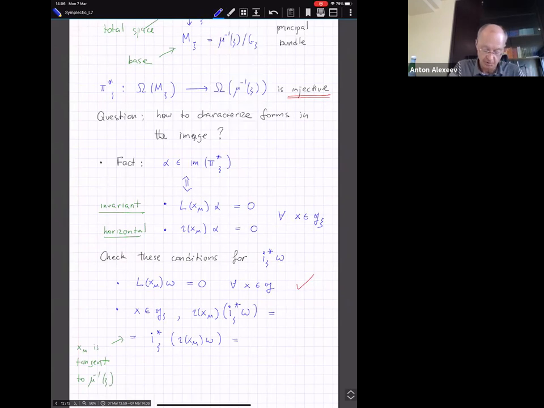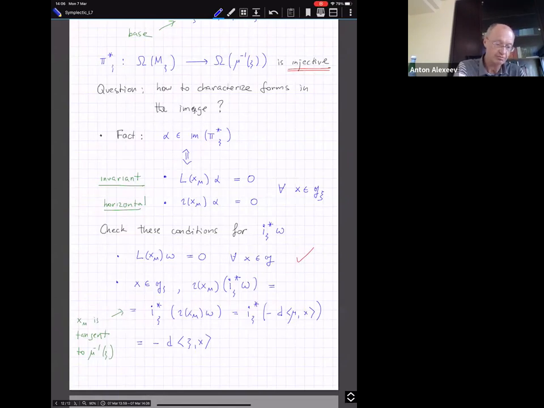So now we can simply use the moment map equation. But on the level set, the moment map is simply equal to psi, so this is minus d of psi x.